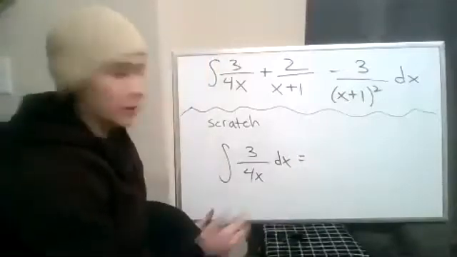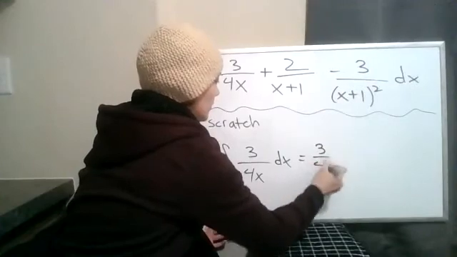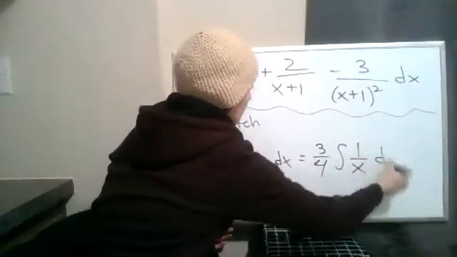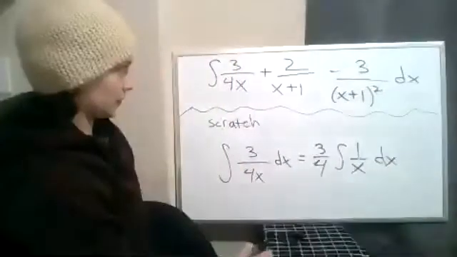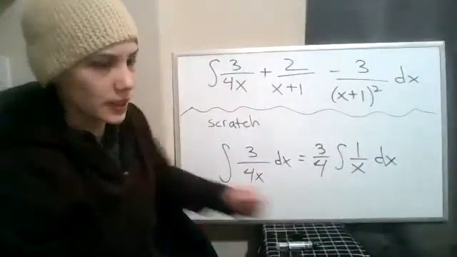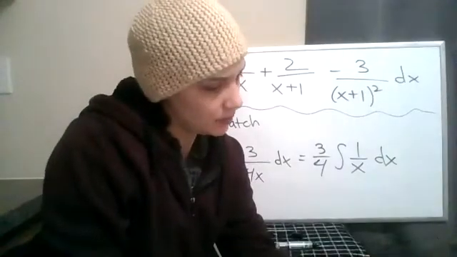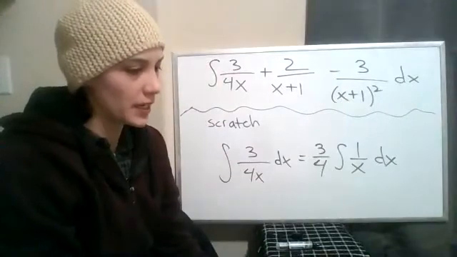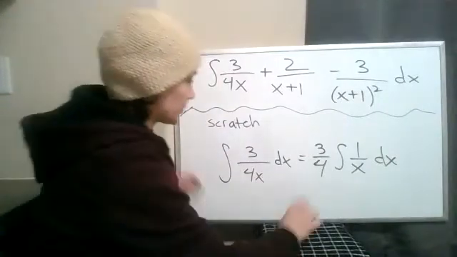Okay, so 3/4 integral of 1 over x. Actually, let me make sure I did that correct. Yeah, that's fine. So that would just be 3/4 ln absolute value of x.